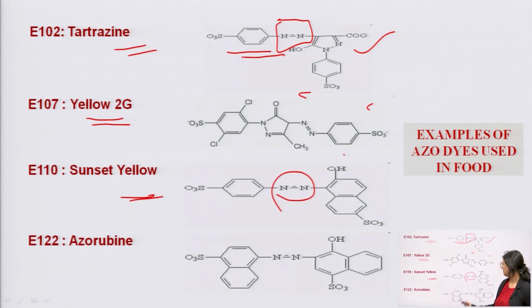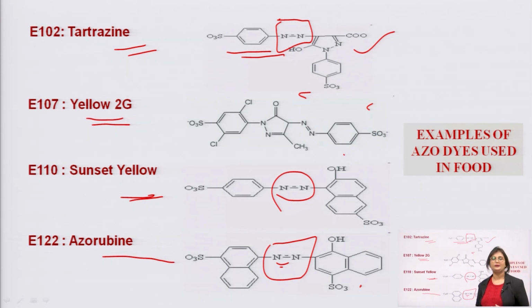The next one is azorubin, wherein the diazo compound forms a couple with another aromatic group to form azorubin.